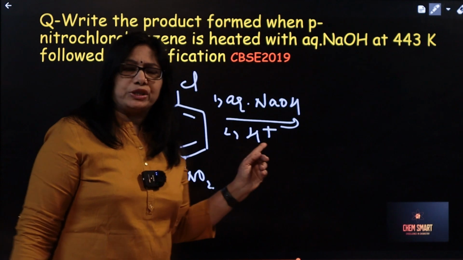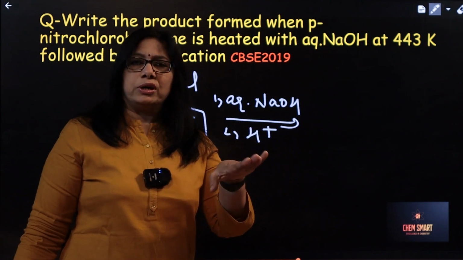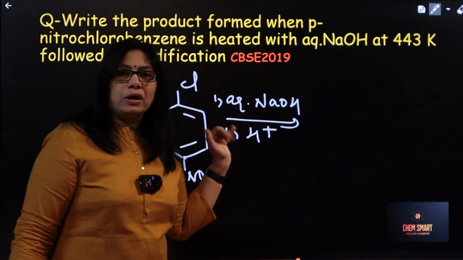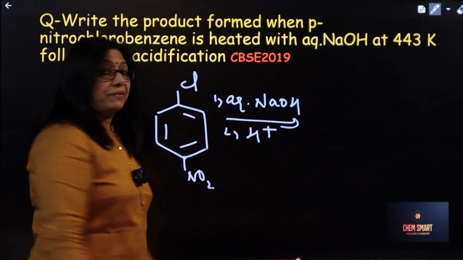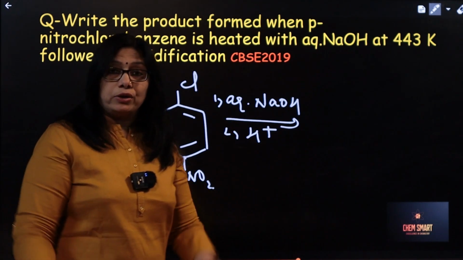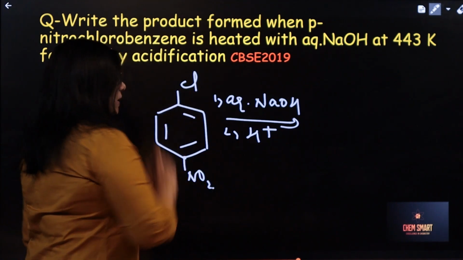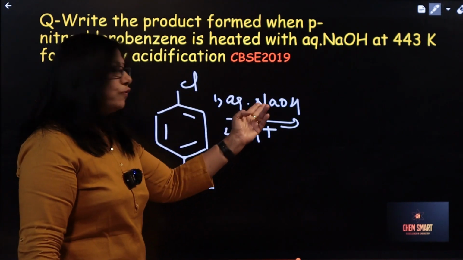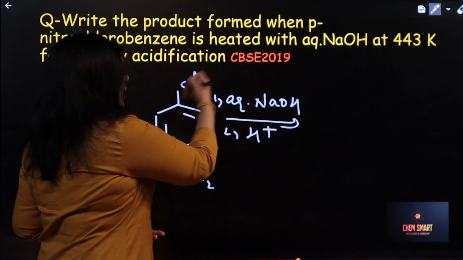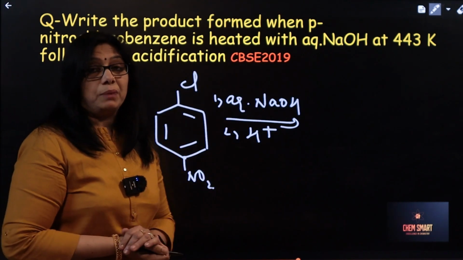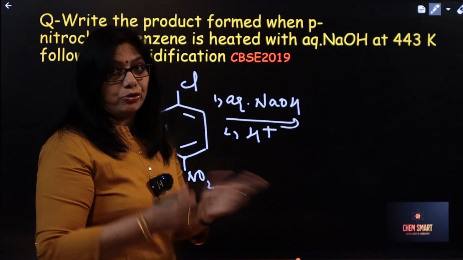You have the same equation in your textbook in the reactions of haloarenes, that is chlorobenzene. You know, the nitro group is an electron withdrawing group, so it can weaken the C-Cl bond. In the presence of alkali, nucleophilic substitution can happen. Cl minus can be replaced by OH minus.